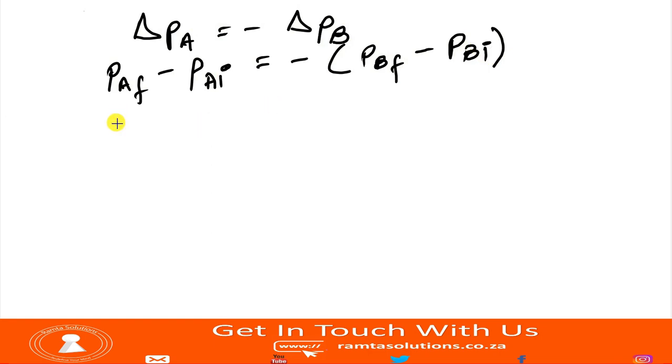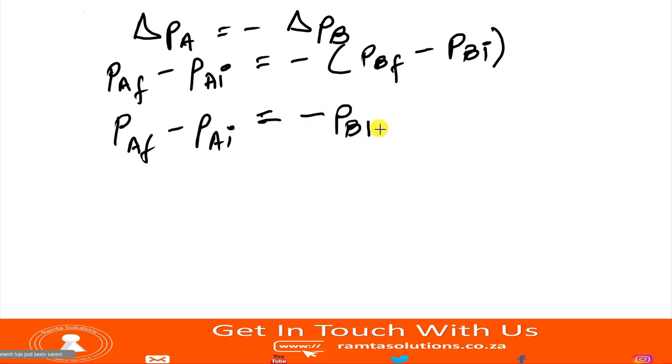Further algebraic manipulation: we have negative momentum of object A initial, and negative times negative is positive, so we have positive momentum of object B initial. As you can see, this final momentum is negative, so I transpose it to the other side.